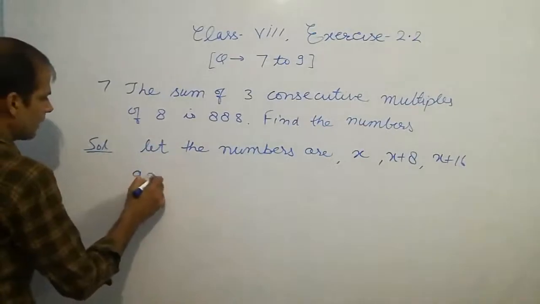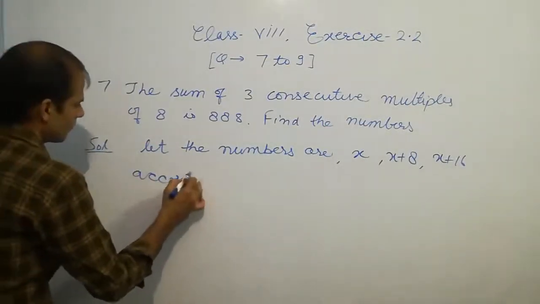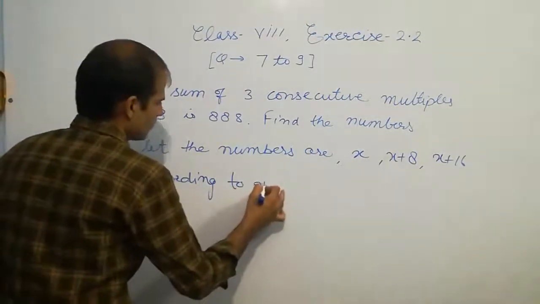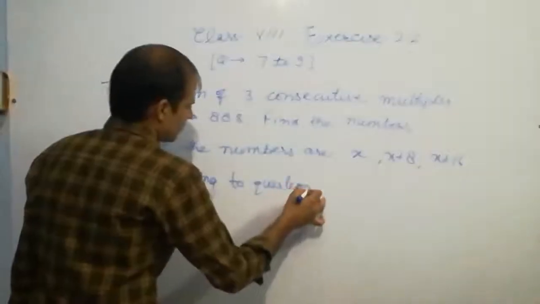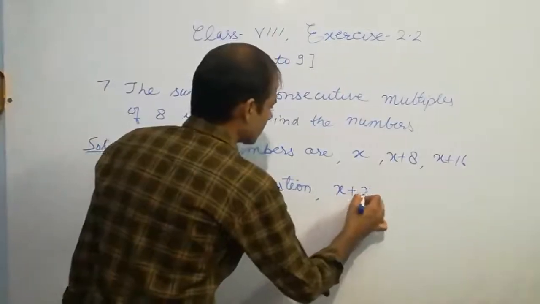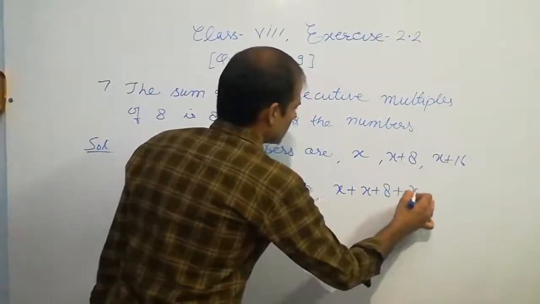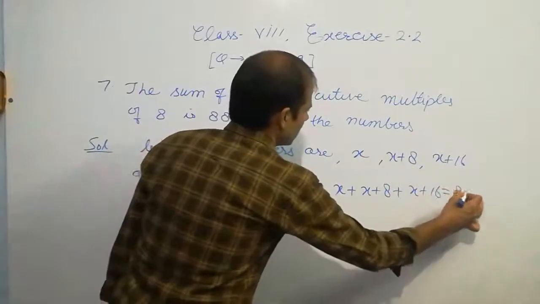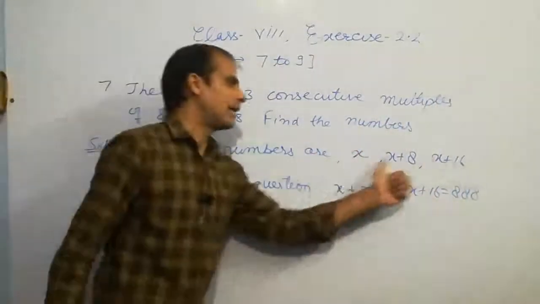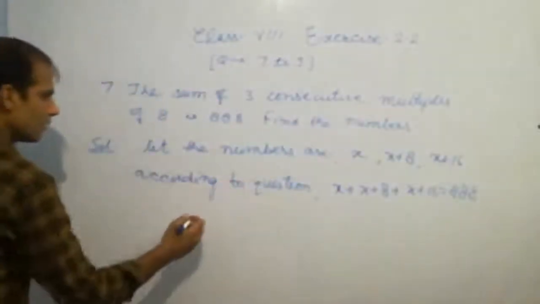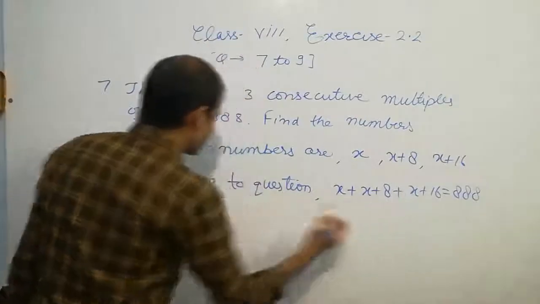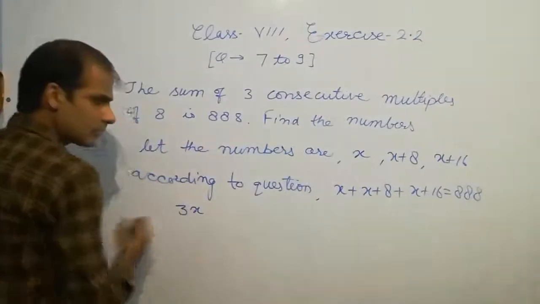So we can write according to question, x plus x plus 8 plus x plus 16 is 888. Simply we will add all these. Now after simplifying these we get x, x and x, that is 3x.